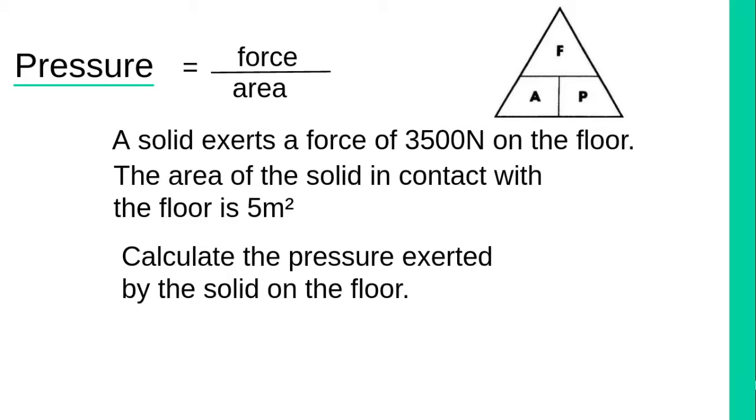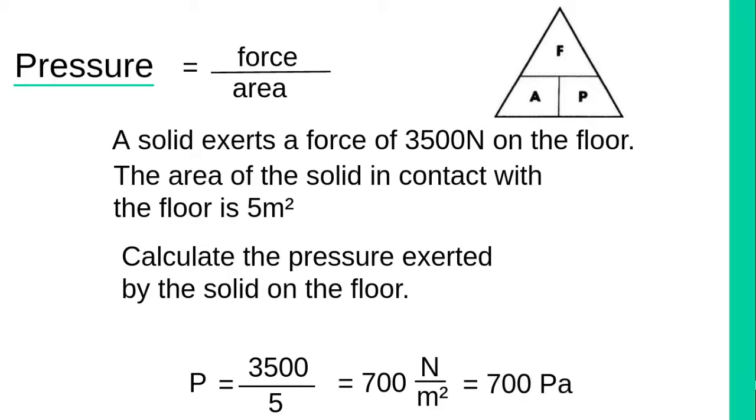Using the formula, we have that the pressure will be the force divided by the area, and that is 3,500 Newtons divided by 5 square meters, which is 700 Newtons per square meter. And Newtons per square meter is another unit called Pascal. So this is equal to 700 Pascals.